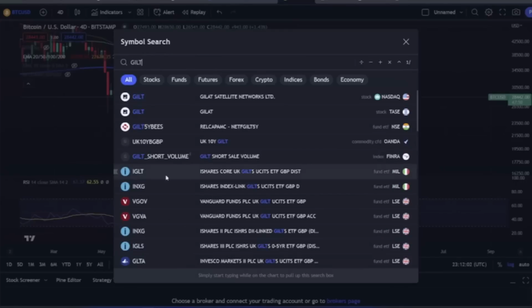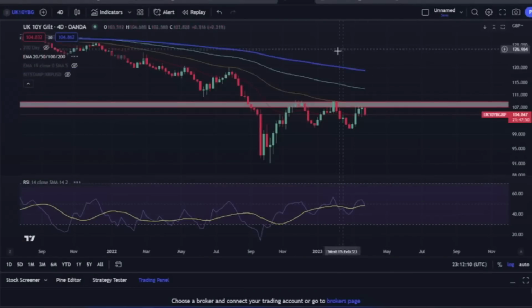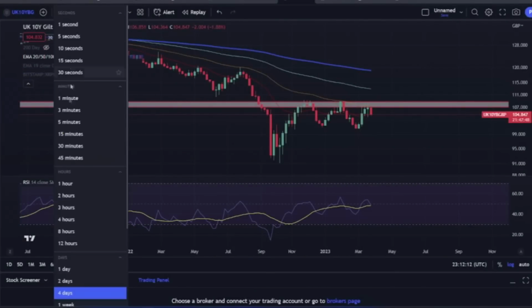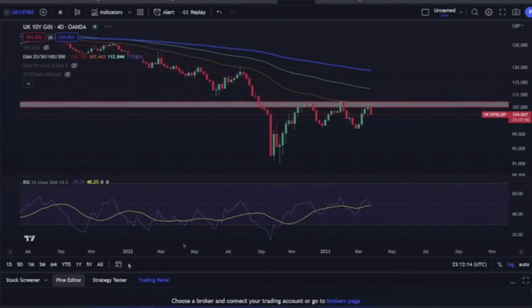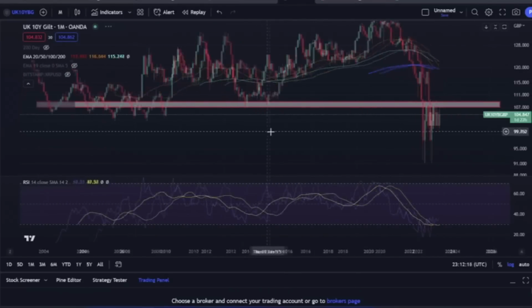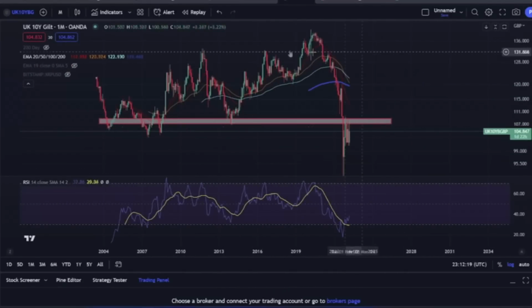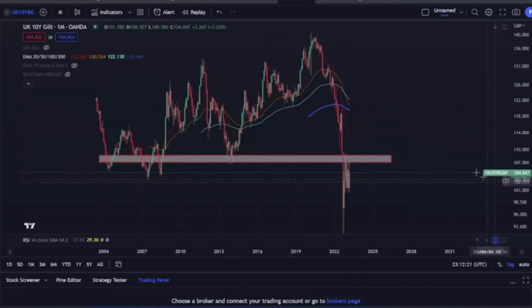The gilt market, which is a pretty large market, it's like I said, the United Kingdom's treasury market. Look what happened. It completely just sold off, right?